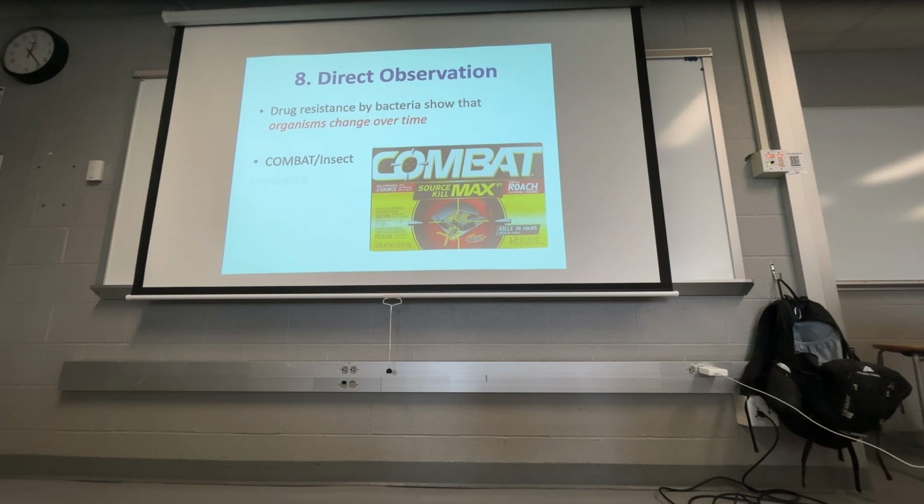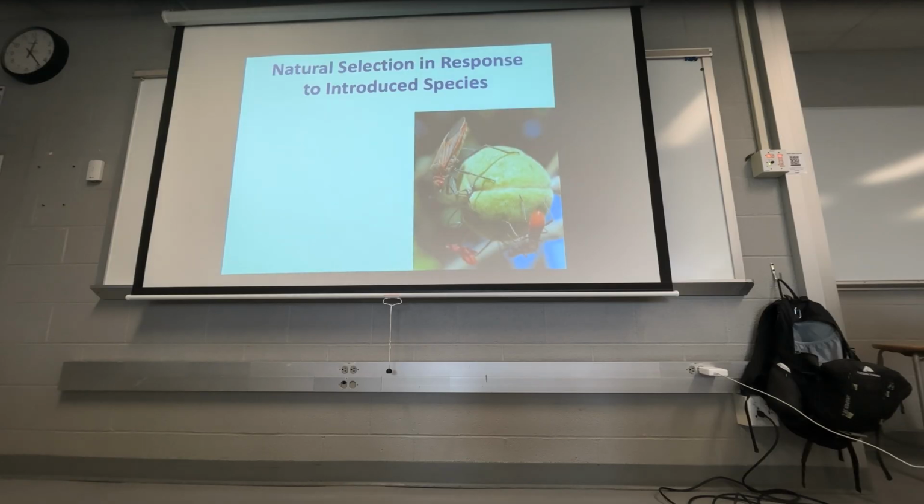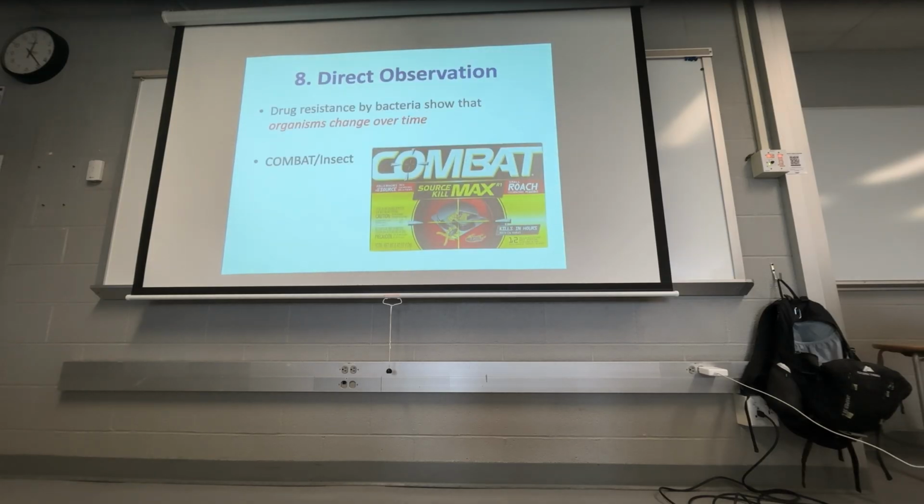So the first one is resistance to pesticides and, say, antibiotics. You have all heard of antibiotic resistance, right? It's really scary in the medical world. Most bacteria are starting to become pretty resistant to most of the more common antibiotics.